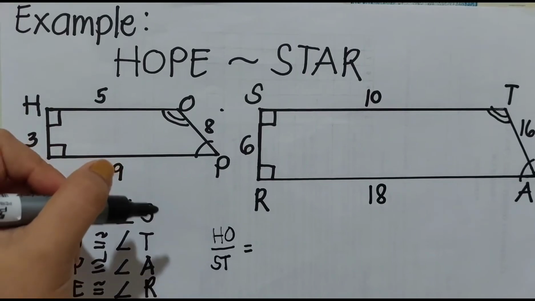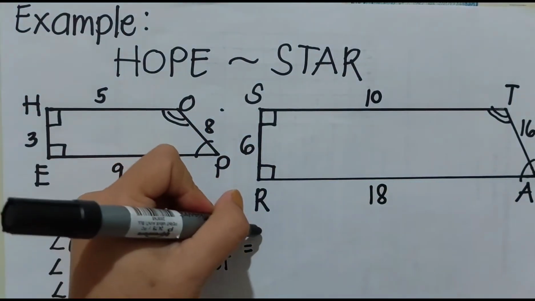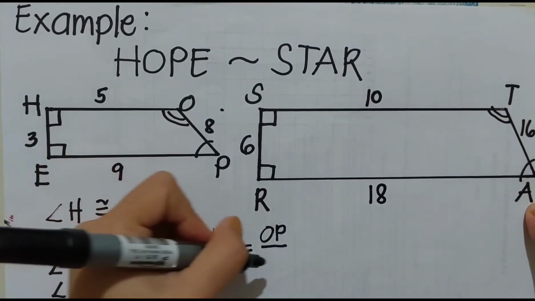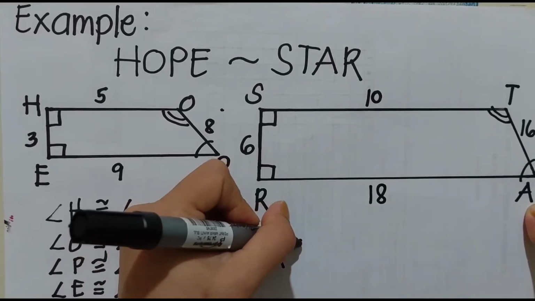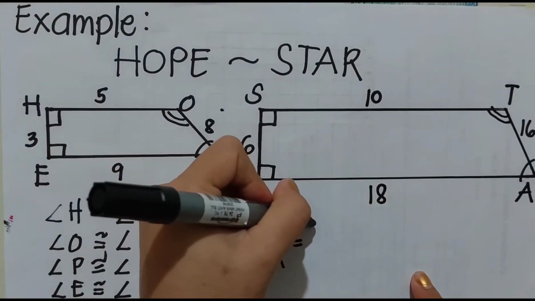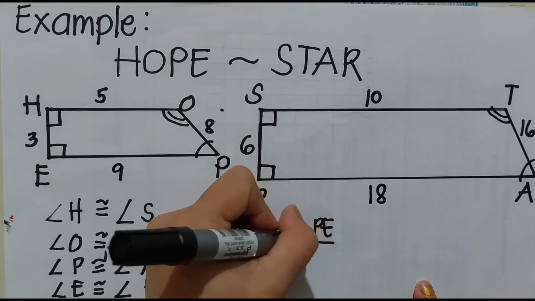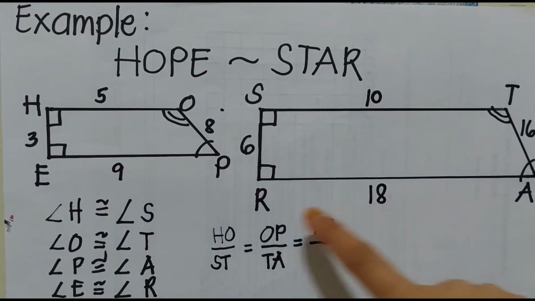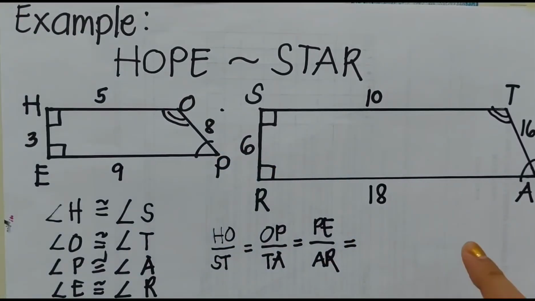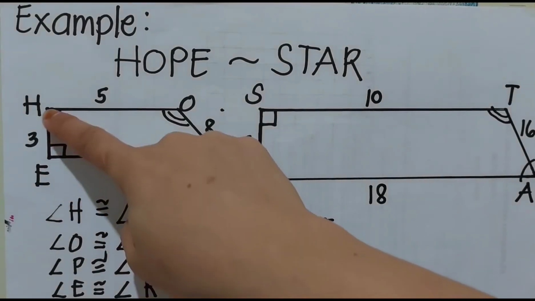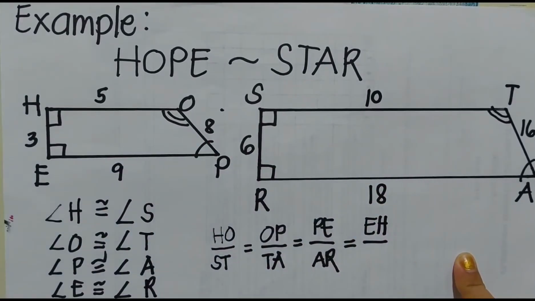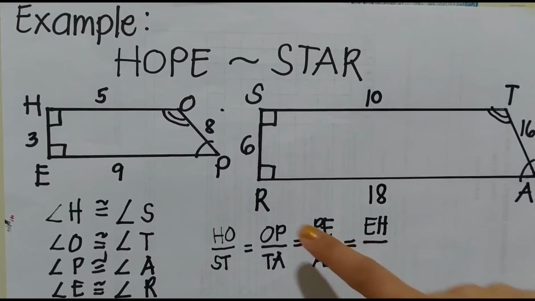So we have OP is proportional to side TA. And another side is side PE. PE is proportional to side AR. And lastly, we have side EH. EH is proportional to side RS.